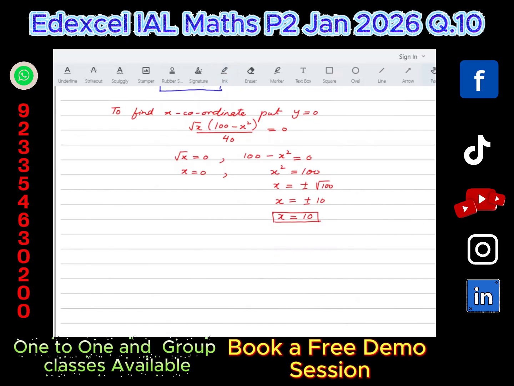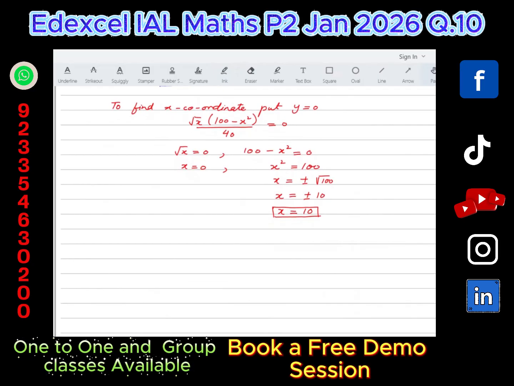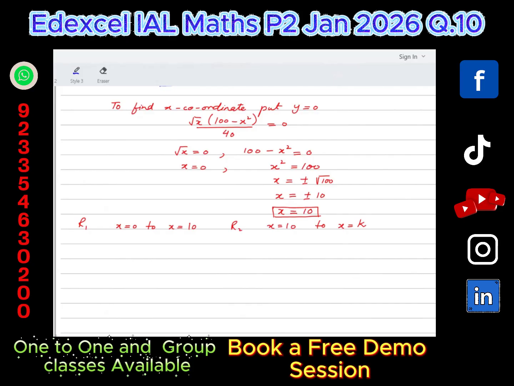So the limit of integration for region R1 is from x is equal to 0 to x is equal to 10. And for the region R2, the limit is from x is equal to 10 to x is equal to k. It is given in the question that the area of region 1 is equal to area of region 2.